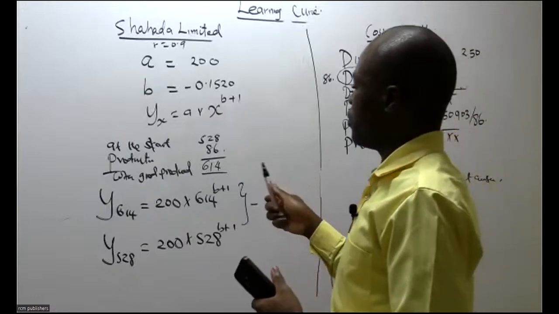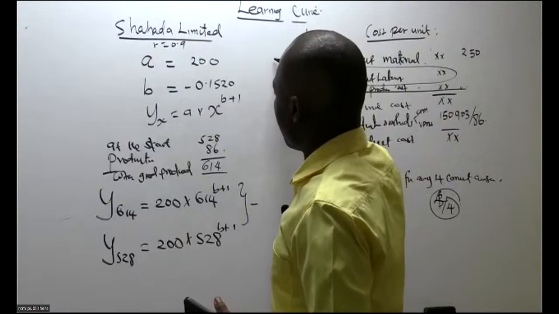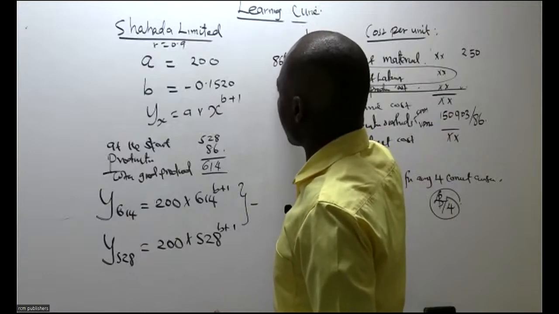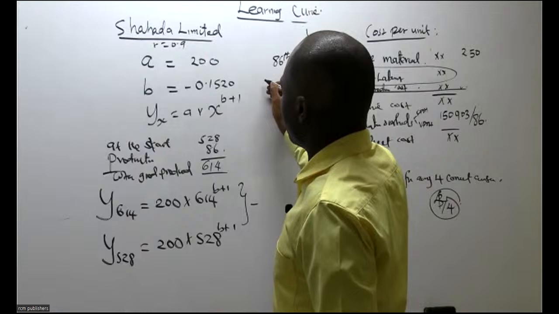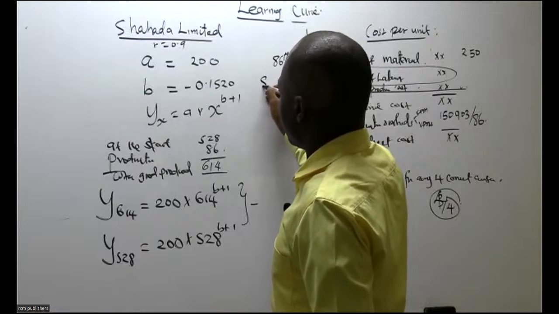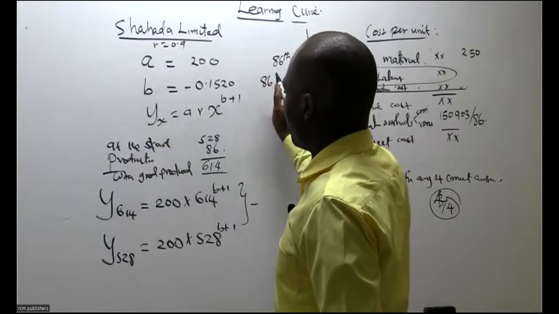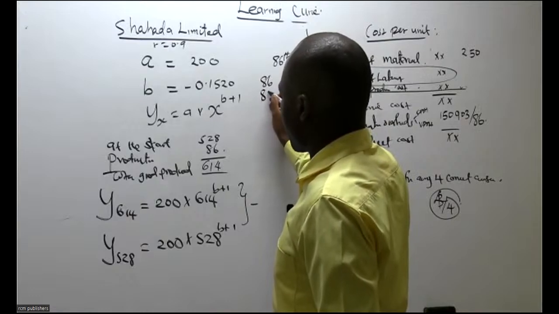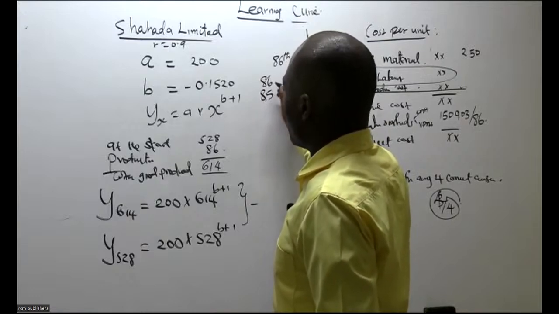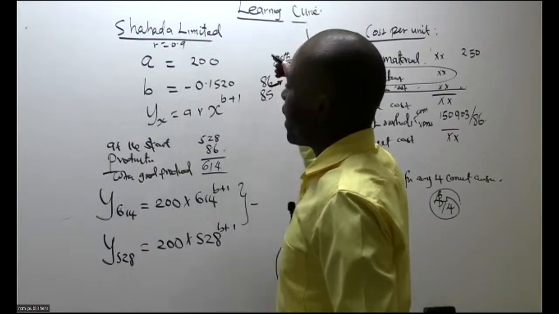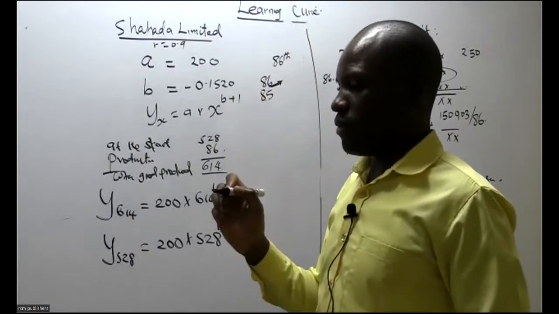Remember, there is a difference with the 86th unit. If you want to get the 86th, you get the first 86, then you get the first 85. The difference between the two will give you the cost incurred to produce the 86th unit.